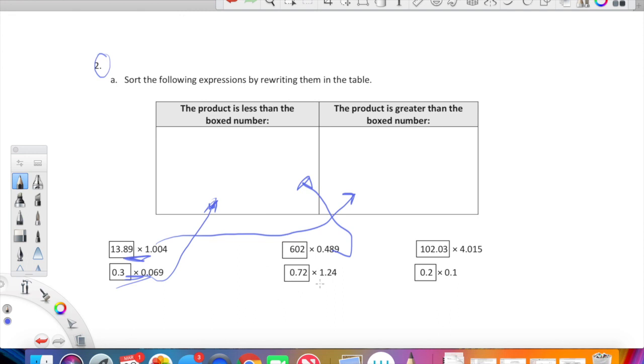And then let's do this one now. 0.72 times 1.24 would go in the more than box because this one is way bigger.